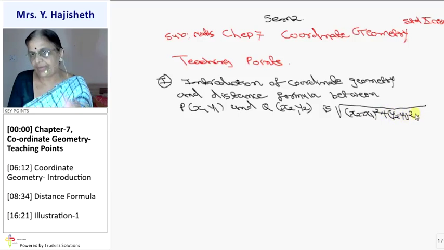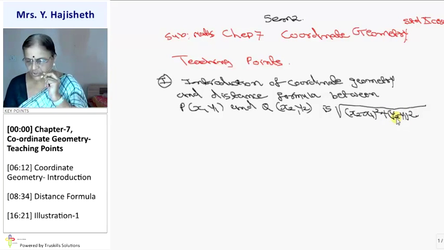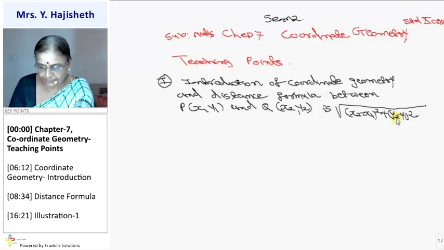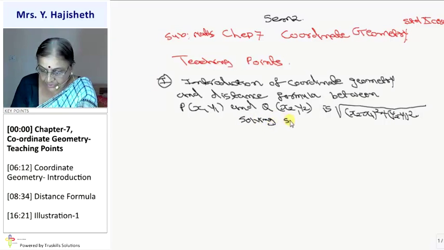Here order does not matter. Even if you don't want to take x2 minus x1, you can take x1 minus x2 also, because in a square, order does not matter. And your exercise 7.1 is totally based on this distance formula.